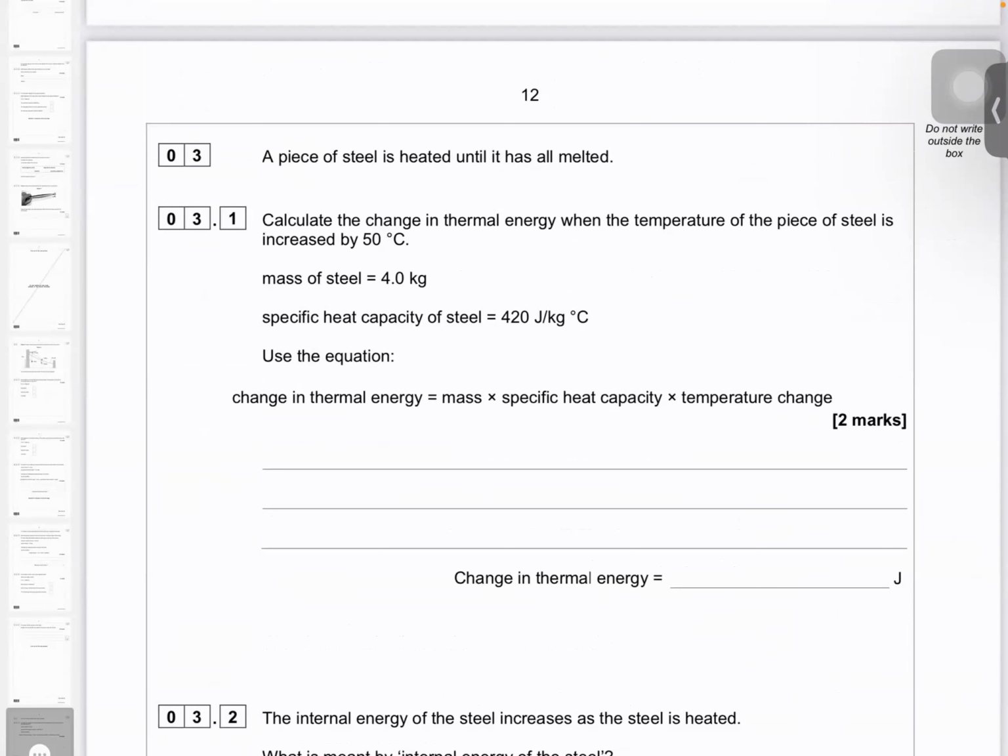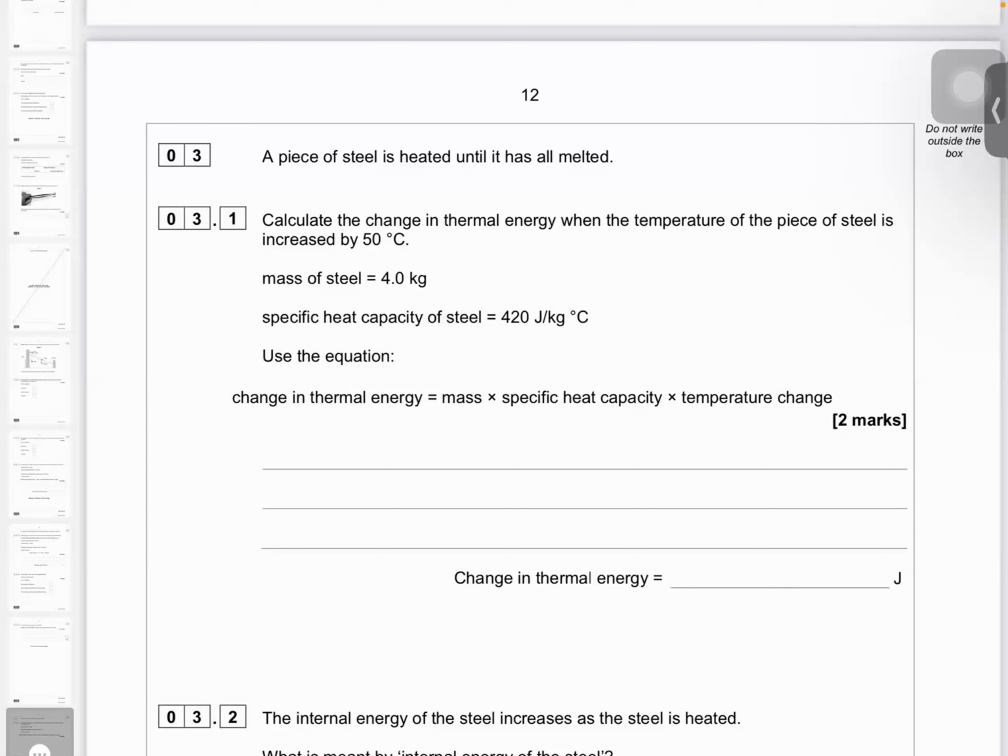That's heat energy. I'm sure you know thermal is another name for heat. It says to calculate the thermal energy when the temperature of the piece of steel is increased by 50 degrees Celsius.